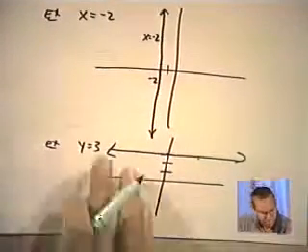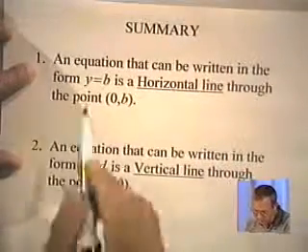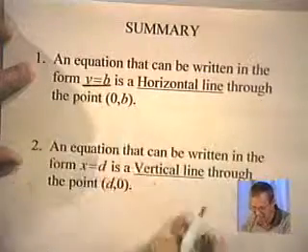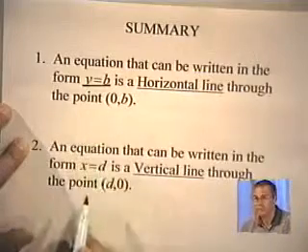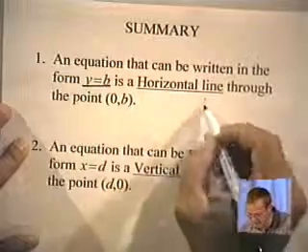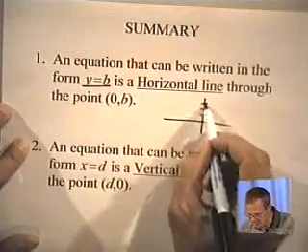So let's recap. An equation that can be written in the form y equals b is a horizontal line through the point 0, b. Whenever we see y equals, it's going to be a horizontal line through the point 0, b. So maybe this is b here.